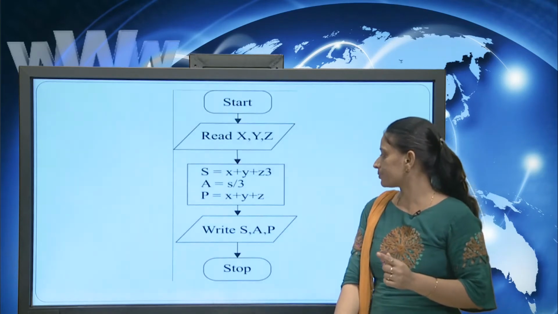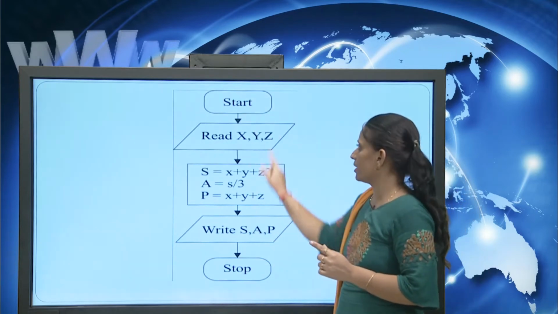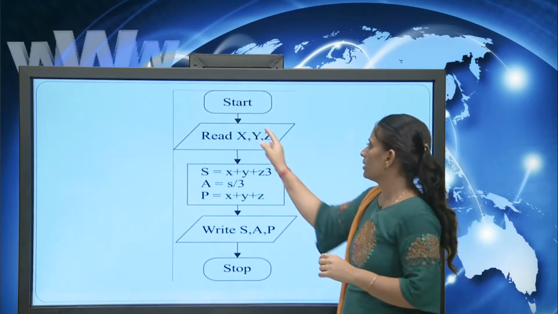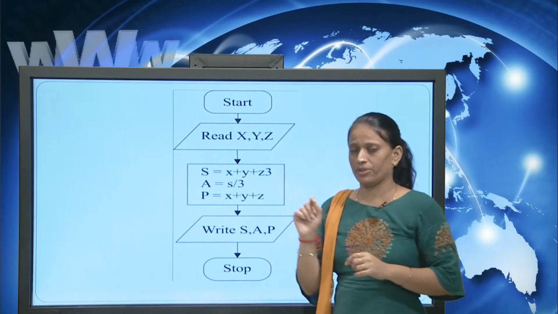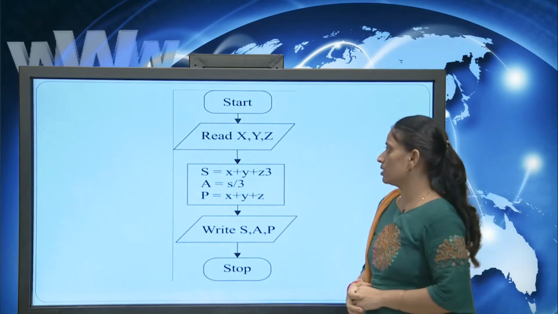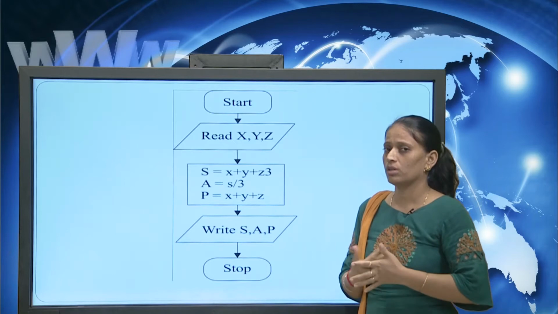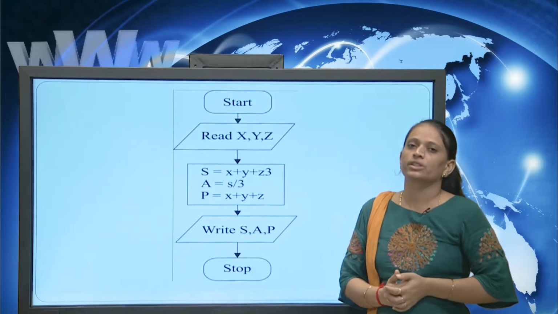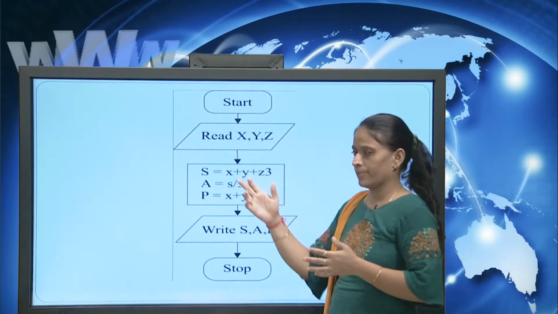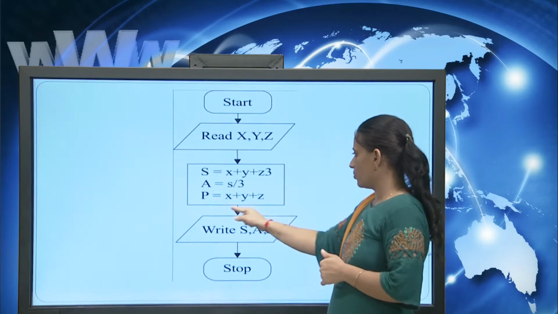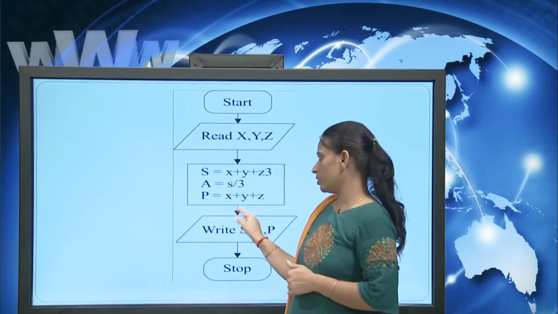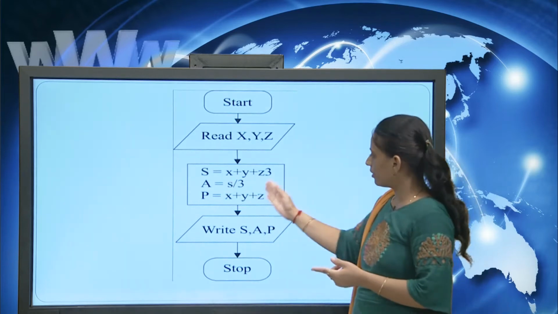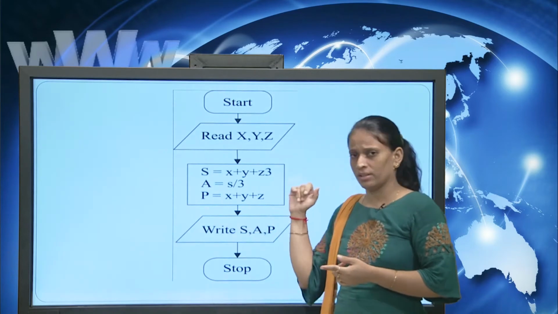Then we have the parallelogram shape, which is basically used for getting some input or output. Here we are reading x, y, z values from the console, so we use a parallelogram shape. Then we are doing some processing on that input, so it is defined in this kind of rectangular shape, and finally we want to print something on the console.